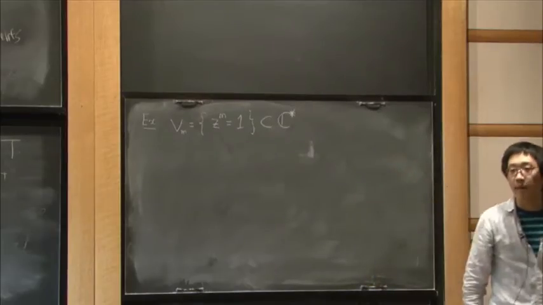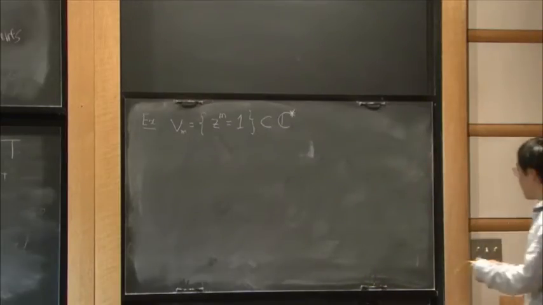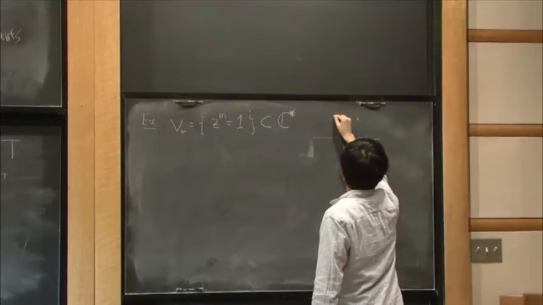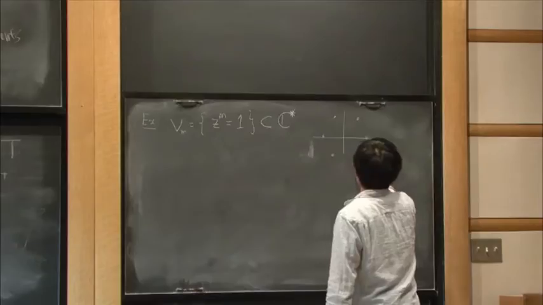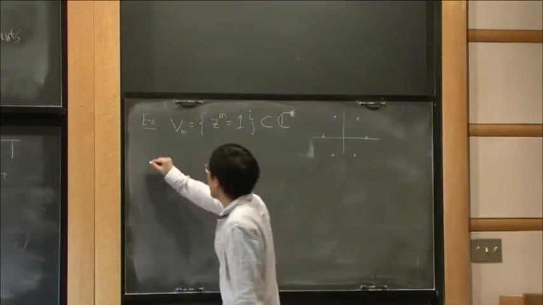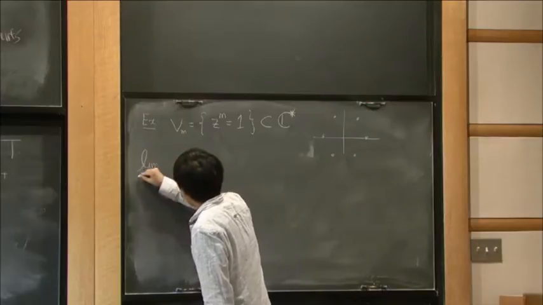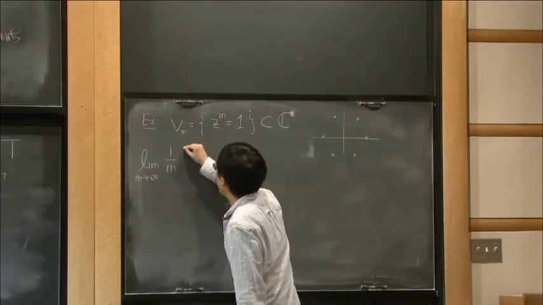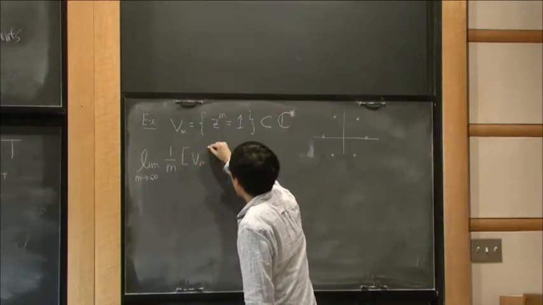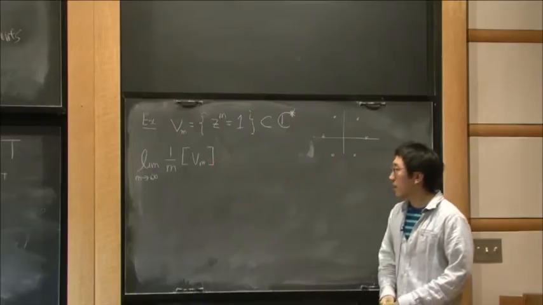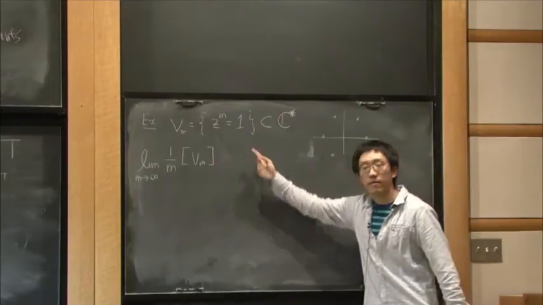So it consists of m points, and you can easily visualize such a thing. So this would be the case m equals 6. And let's imagine how the limit as m goes to infinity of 1 over m of the current associated to V_m would look.